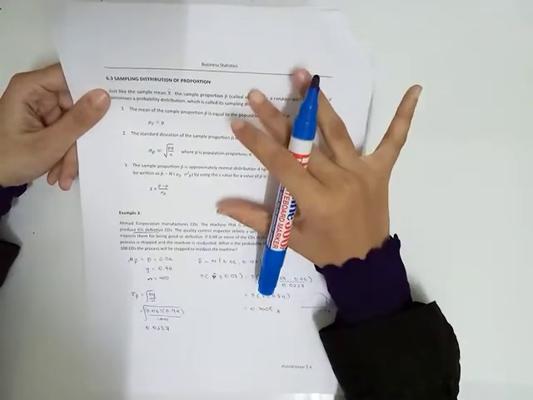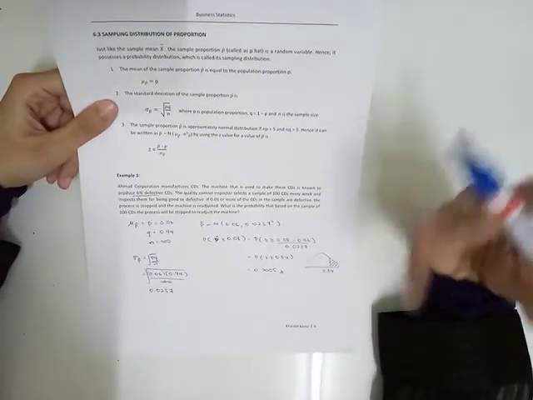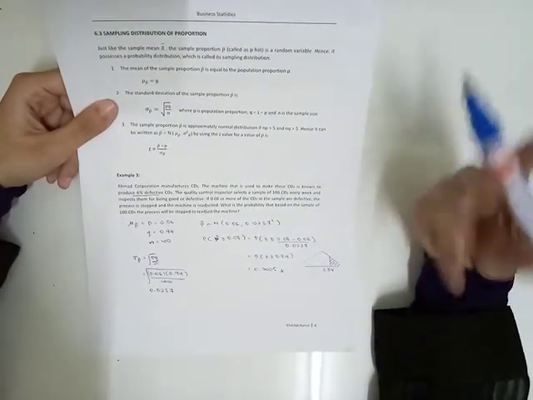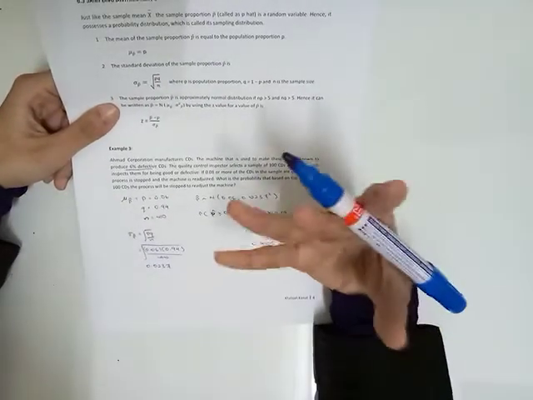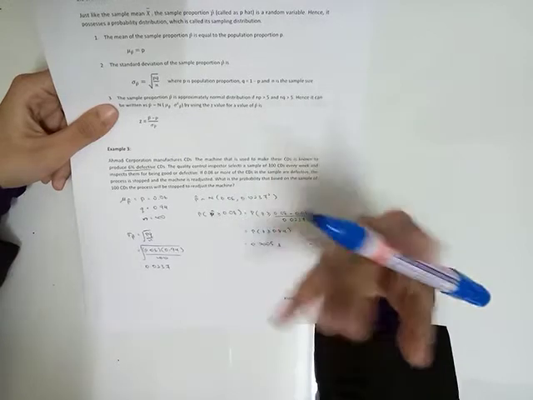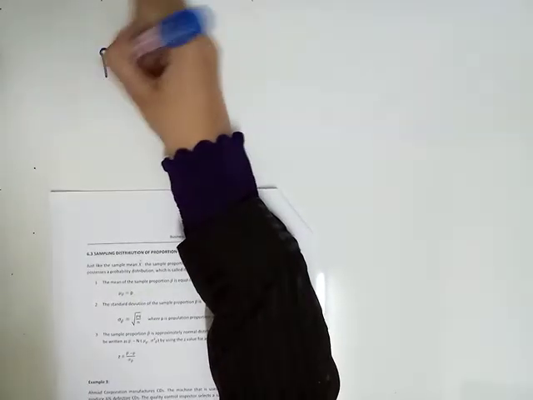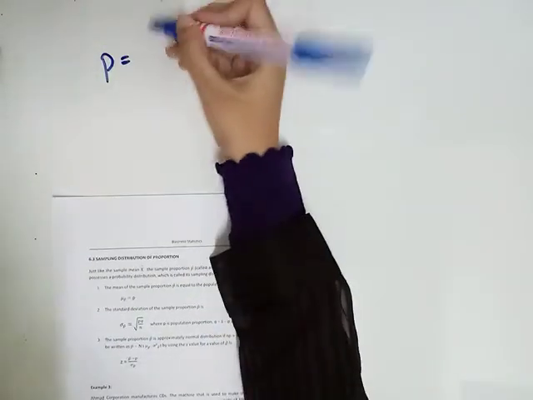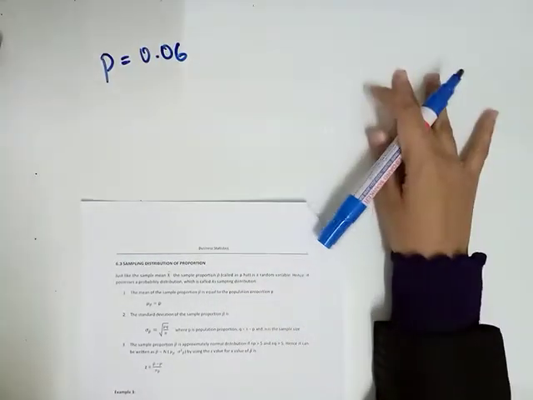Saya dah bagi tahu, okay, for proportion, it is related with the binomial. So, we have probability of success and probability of failure and the sample size. So, apa yang dia bagi dulu, percentage yang dia bagi, that is P, which is probability of success. We know that P is what? 6% yang dia bagi defective tu, that means that is P, 0.06.